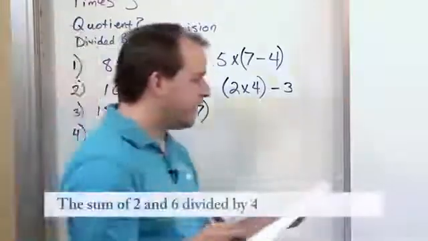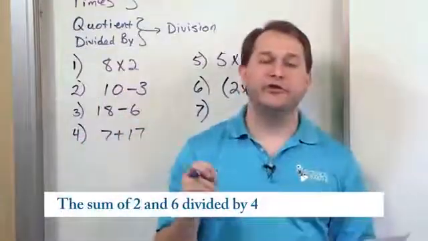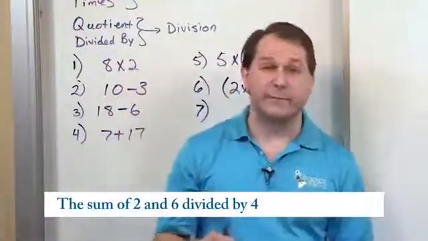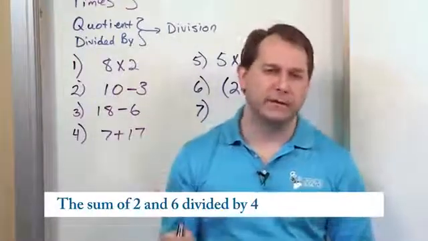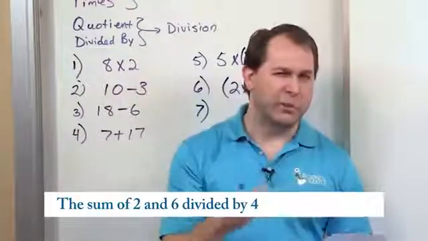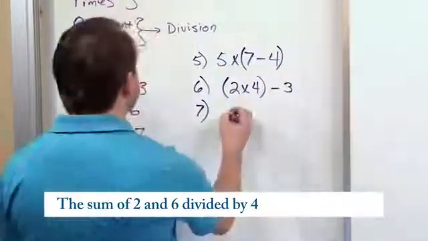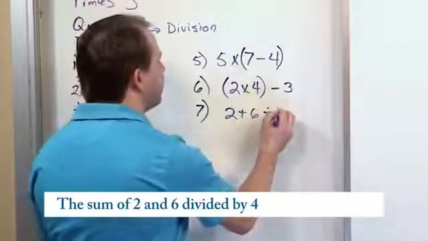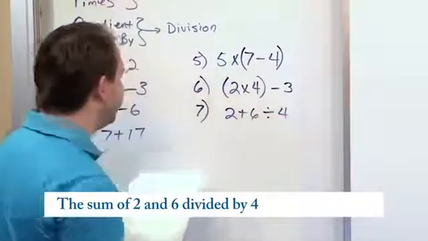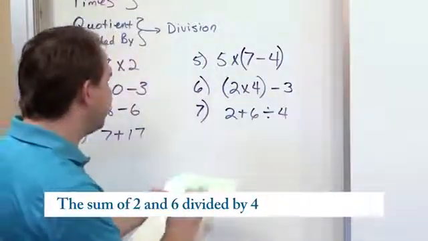Now the next one is, what if we have the sum of 2 and 6 divided by 4? So we know we have a sum going on of 2 and 6, so let's write that down. And we know we're dividing by 4, but does this really express what we're trying to do? It says the sum of 2 and 6 is what we're dividing by 4.